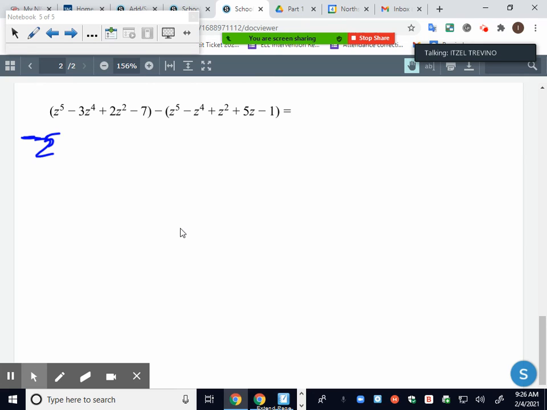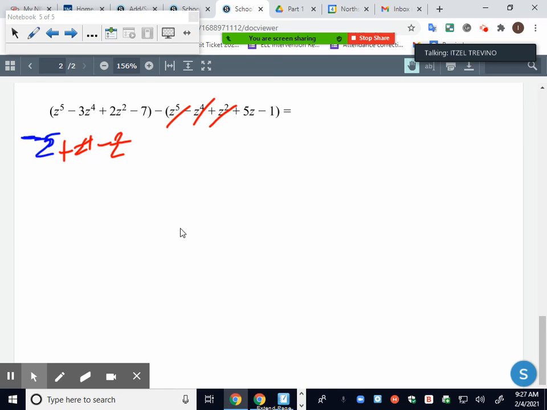Okay, and then I have negative times negative that turns to a positive. So I'm going to do, here, I'll change the other way. Plus z to the 4th power. And I'll scratch them out so we can see that we're going through. And then we have minus z squared.